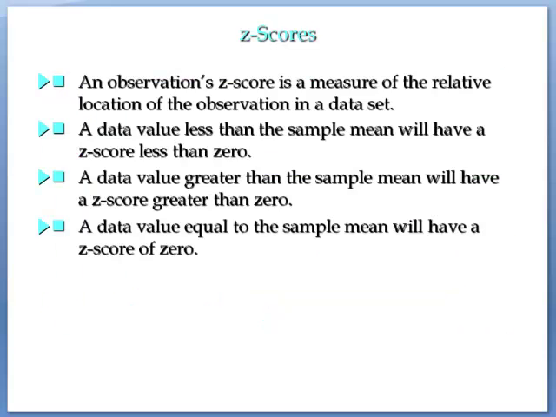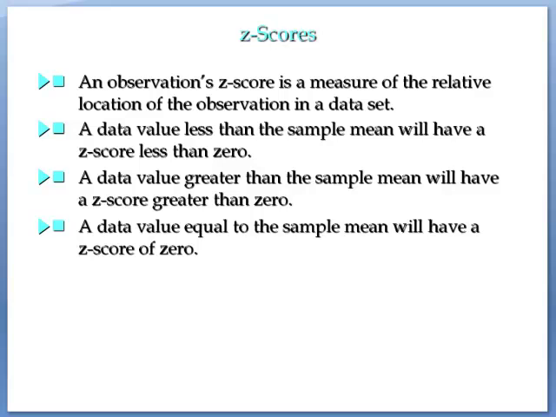It tells us the relative location, because if the mean tells us where the center is, then the z-score will tell us for a certain value how far away or how near it is to the center, which is the sample mean. Hence, if a value is exactly equal to the mean, then it will have a z-score of 0, because it's equal.